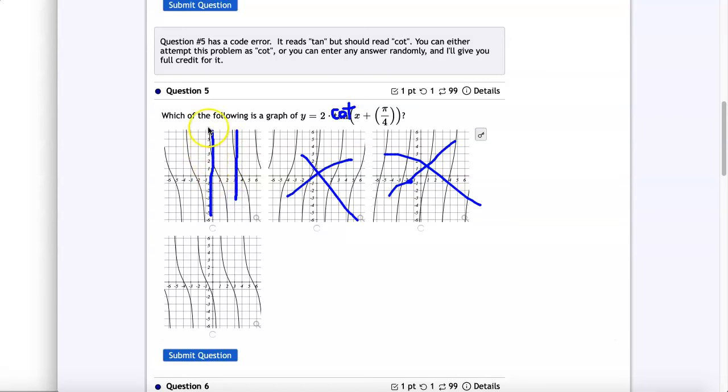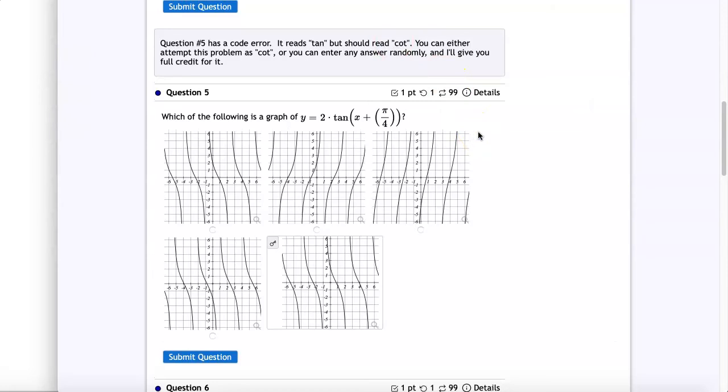This is where the cotangent graph should be. This has shifted to the left a quarter cycle, which would make this the correct answer because you can see that this is going to be a shift to the left by pi fourths. So that first answer here is the correct answer.